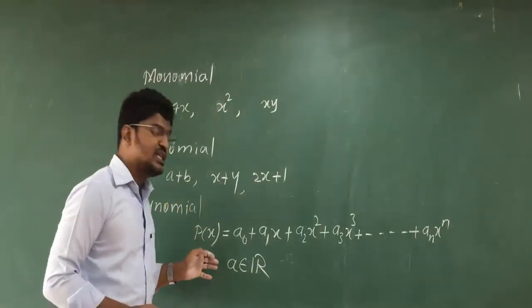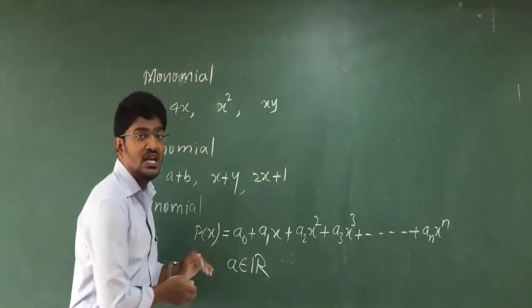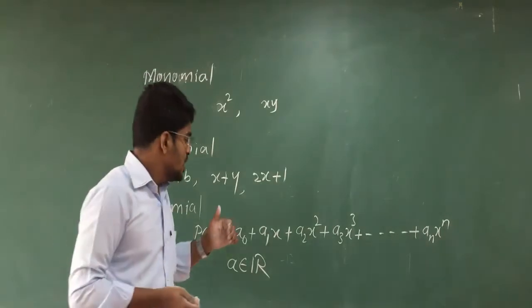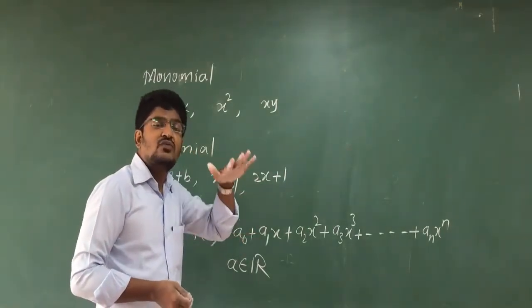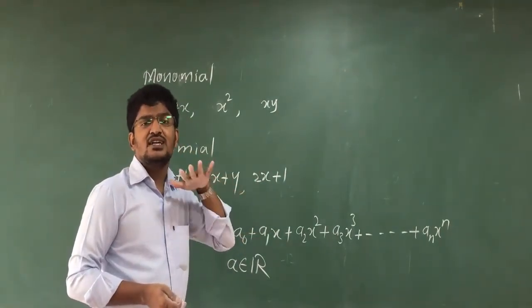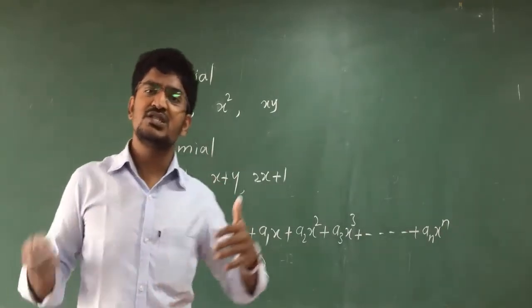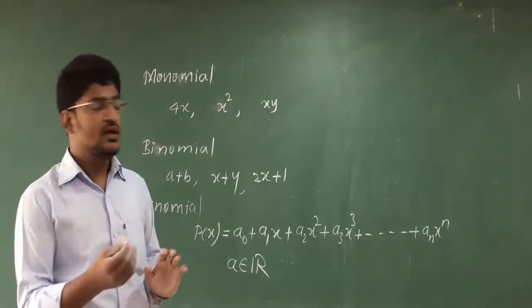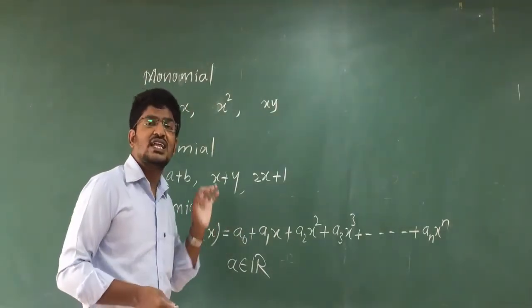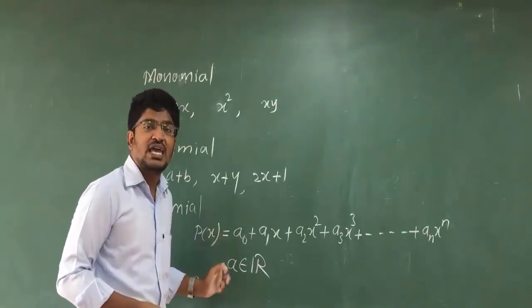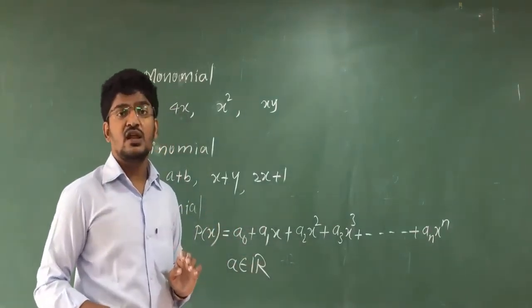Clear? That means I am restricting this polynomial only to the real number set, because in the real number plane only we are going to study these polynomials for 11th and 12th standard. Whenever we enter into complex numbers, I will tell it in a different way. Clear? But now we are studying it in the real plane. That's why I am telling you I will restrict my a to real numbers. Clear?